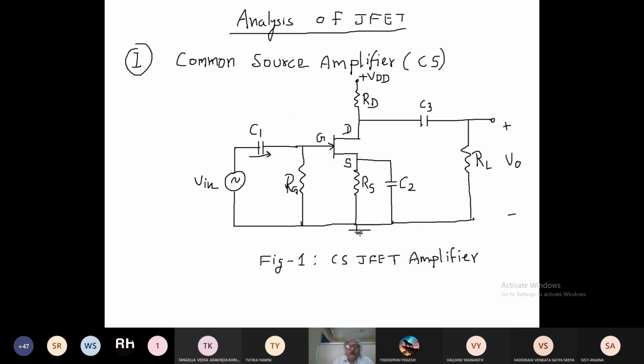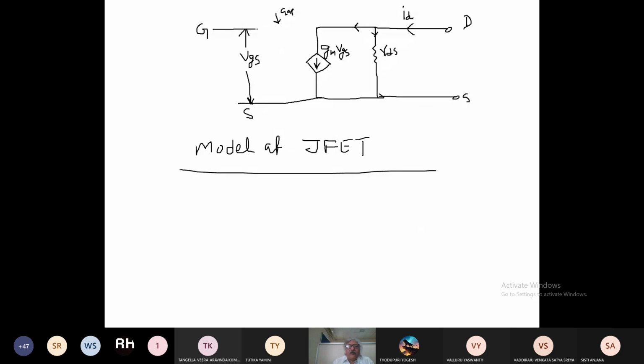Now if we see the model which we have drawn here, this JFET model, this is the model of this transistor. This is a JFET. Here it is gate, drain, and source. Its model is shown here.